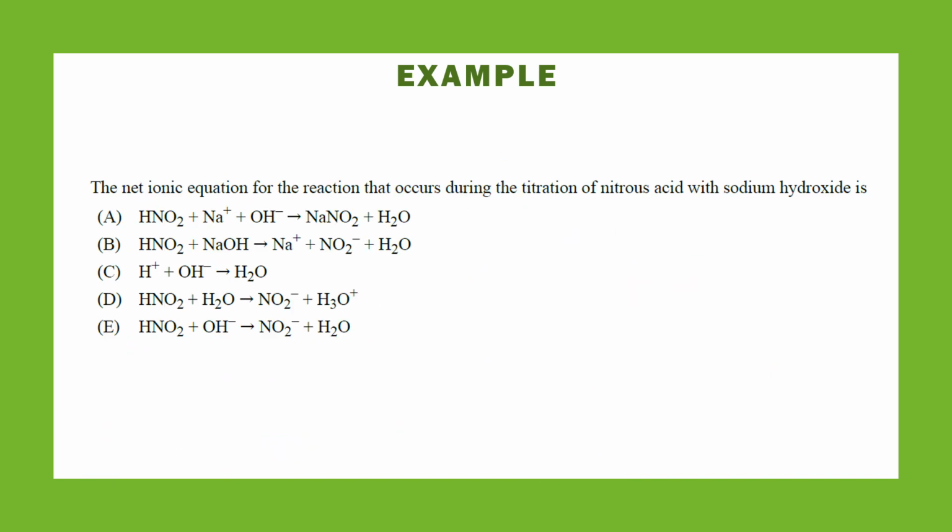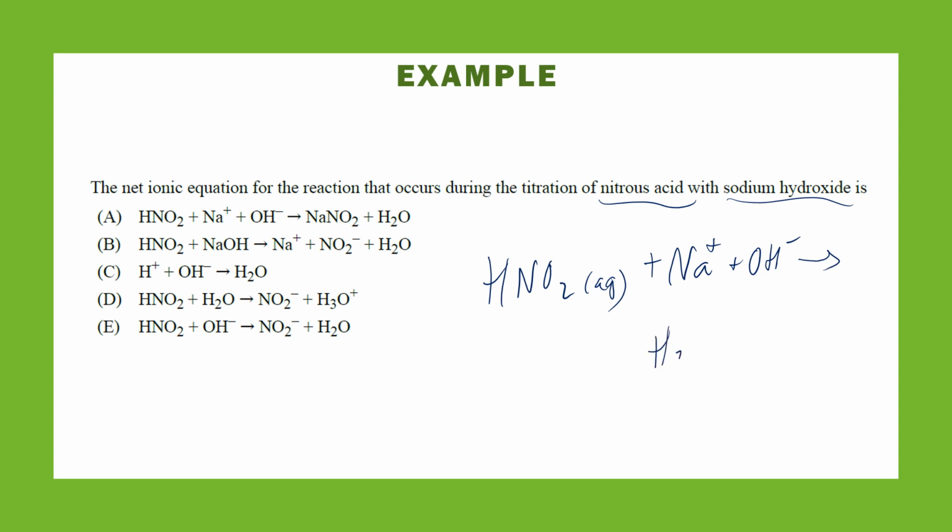Okay, net ionic equations. Nitrous acid is a weak acid, so it's HNO2. It does not significantly dissociate. It does dissociate, but not enough for us to split it apart into ions in a net ionic equation. Sodium hydroxide is a strong base, so I'm going to go ahead and split that up into sodium ions and hydroxide ions. Now, in solution, you're going to form water, and the sodium will attach to the nitrite.